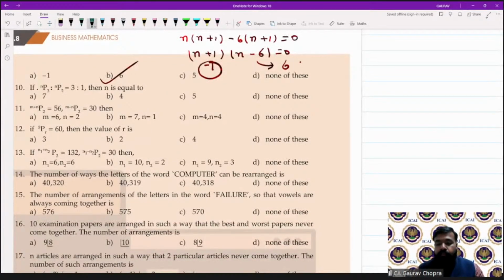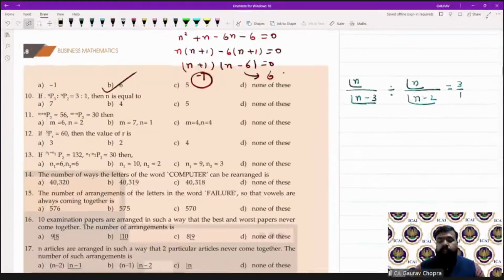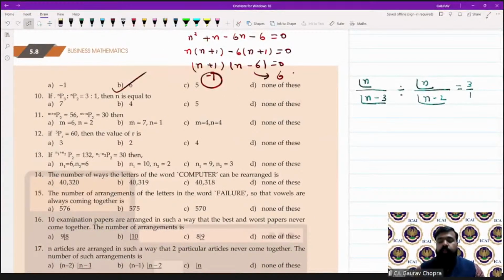NP3 we can write factorial N upon factorial N minus 3 divided by factorial N upon factorial N minus 2 is equal to 3 upon 1. Now, let's solve it. So factorial N and factorial N will get cancelled.